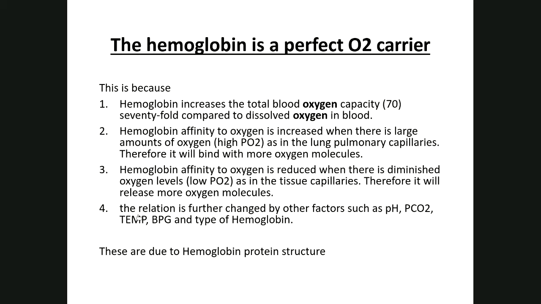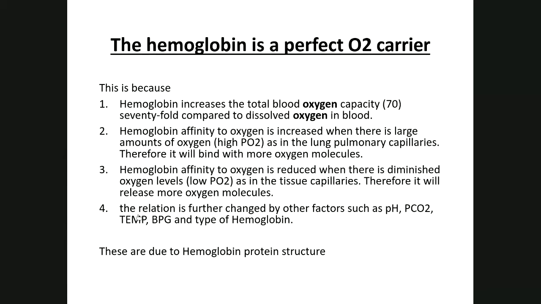When we are running and the muscles have a high metabolic rate, they produce large amounts of CO2, and this CO2 will decrease the pH. At the same time, the temperature of the body will increase. All these factors cause hemoglobin to have less affinity to oxygen. Hemoglobin therefore releases more oxygen to the muscle tissue, supplying the contraction with the loads of oxygen required. So that's why hemoglobin is a perfect carrier.